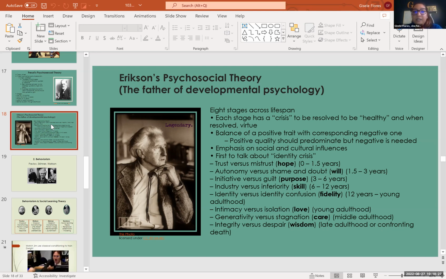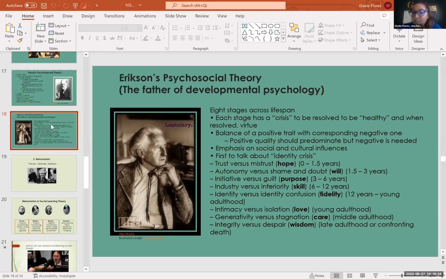And it really is our responsibility as the adults to not only support them in trying new things, but to support them in building up their confidence and also being realistic about what they're good at and what they're not good at, right? Not all children are good at everything, and no one's good at everything. So it's important for children to understand that, and the virtue that Erikson says that they will possess if they have a balance between industry and inferiority is they will gain skill.